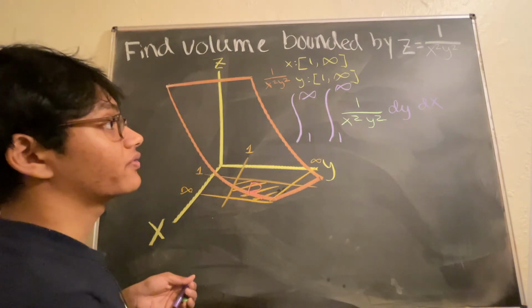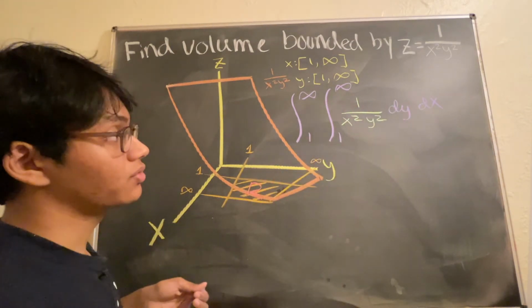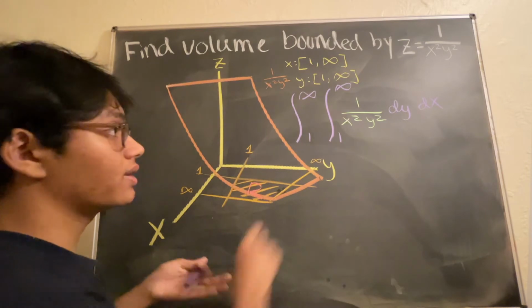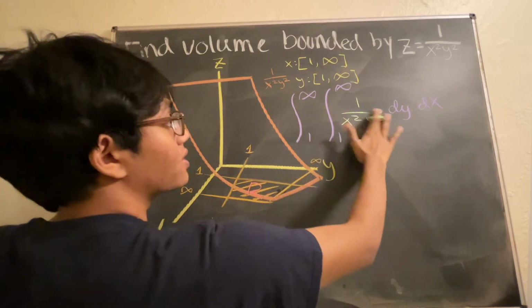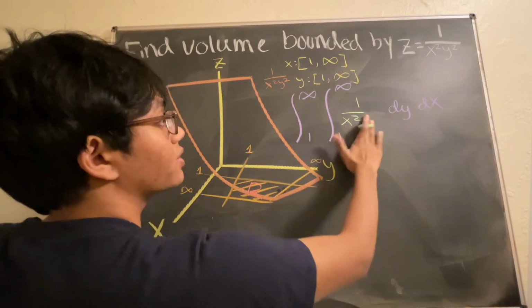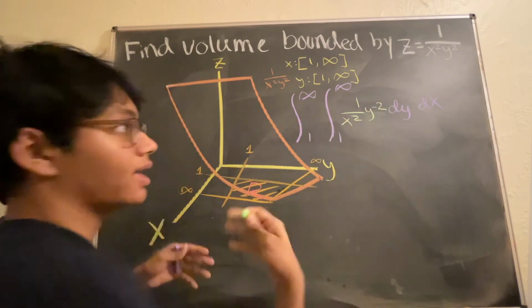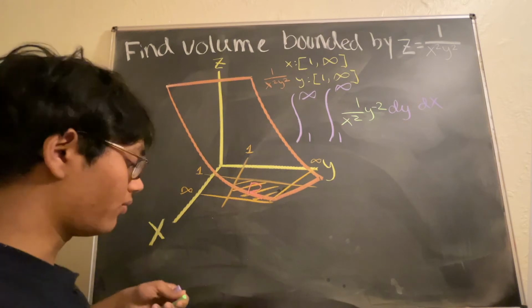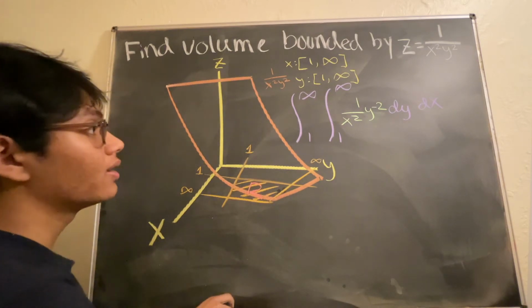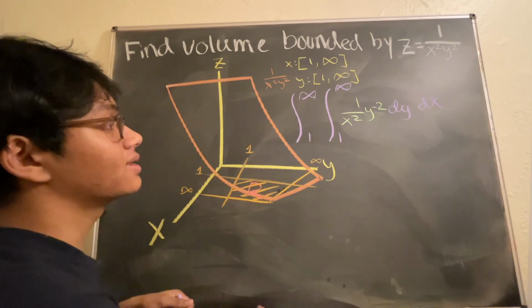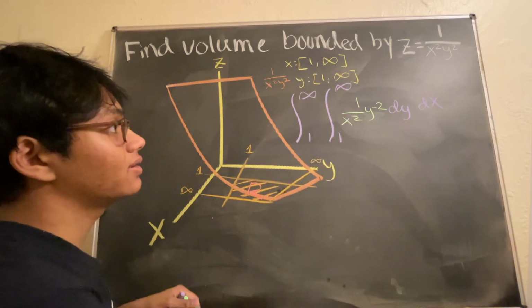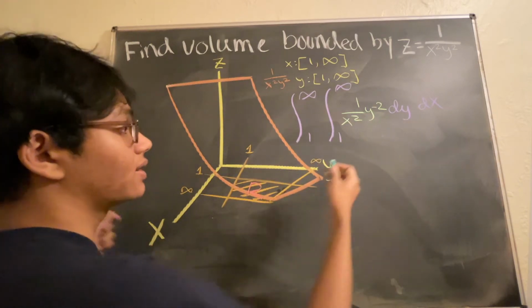First things first, we're integrating with respect to y. So this y squared on the bottom, I actually like to write it as y to the minus 2. That helps me mentally understand how I'm going to integrate things. So let's do the business. Y to the negative 2 integrated just becomes negative y to the negative 1.